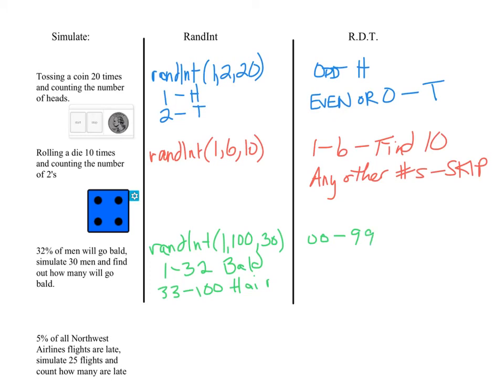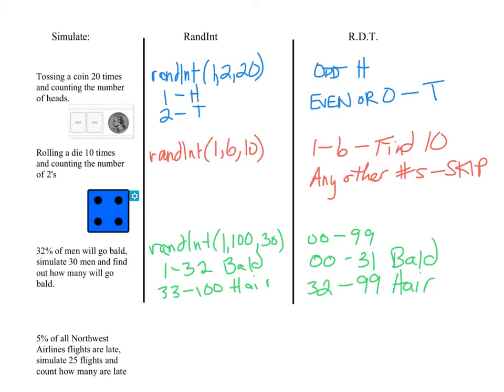Okay, so looking along a line at 2-digit numbers, and I'd say, well, 0 to 31 is bald, and 32 to 99 keeps their hair. Okay, and again, just think, if you go 0 to 31, that's 32 numbers. So we've kept this scale correct.